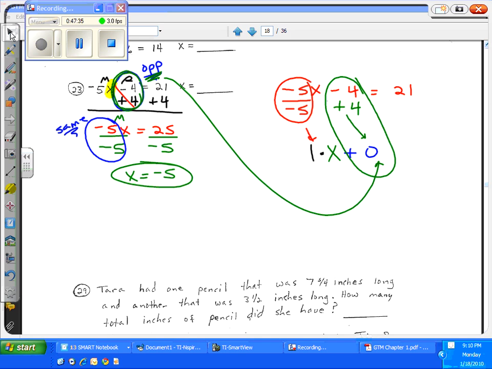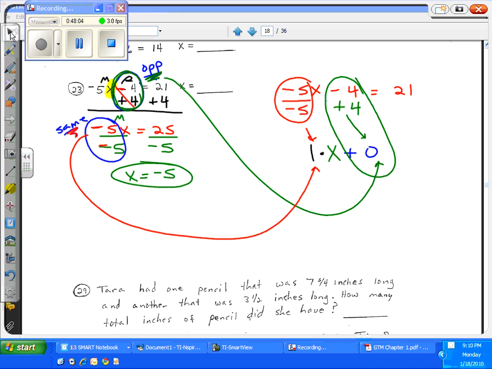Negative 5 divided by itself is 1. So we're going to undo multiplication and division with the same sign, basically dividing it by itself to produce the identity element for multiplication, which is a 1. Again, multiplicative identity and additive identity are taught in my algebra book on page 29 if you would like to investigate that further.